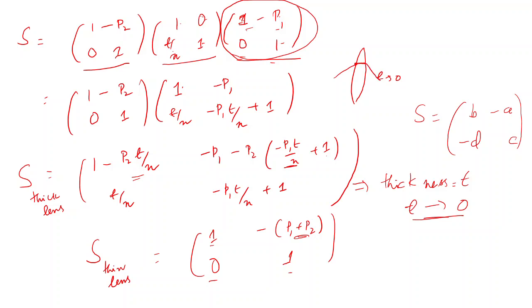So you have two refractions taking place back to back if it's a thin lens. So that's why the powers of both refracting surfaces 1 and 2 simply add up. So the system matrix for a thin lens looks like a refraction matrix, except with a power of P1 plus P2, because you have two refracting surfaces, right?